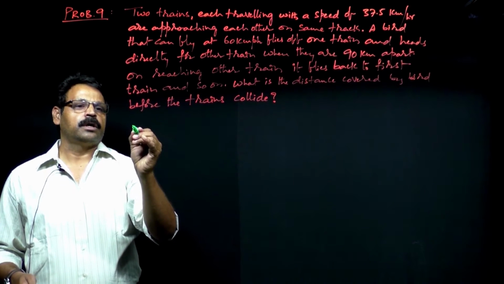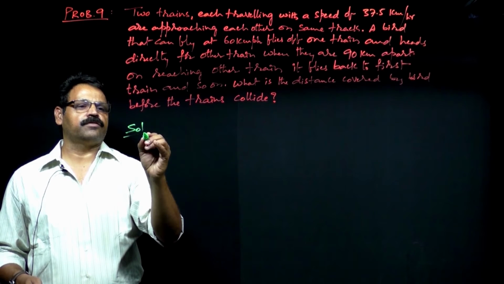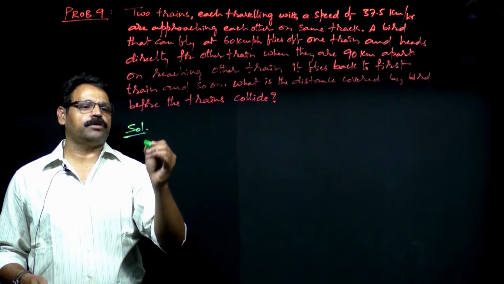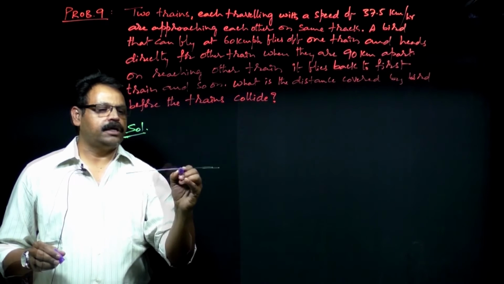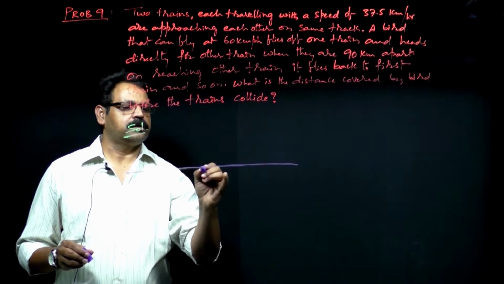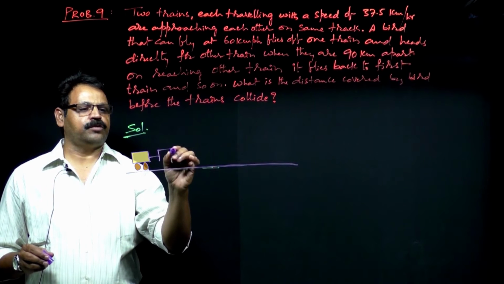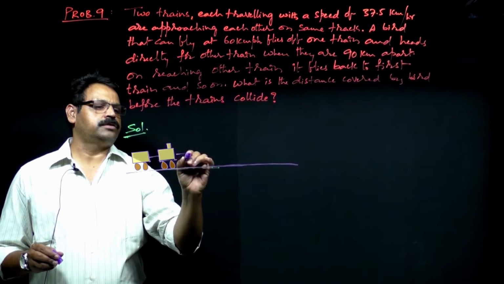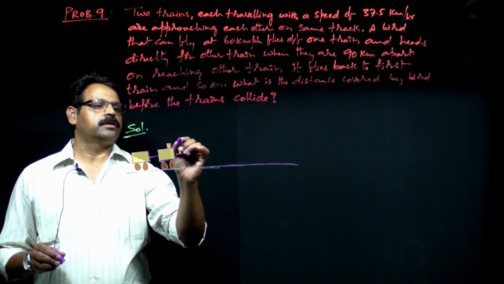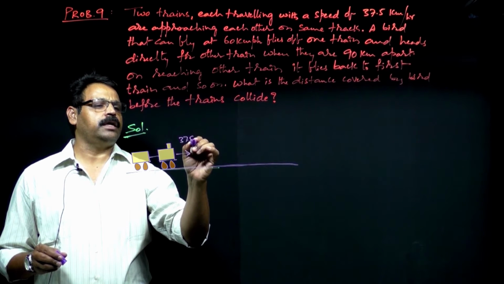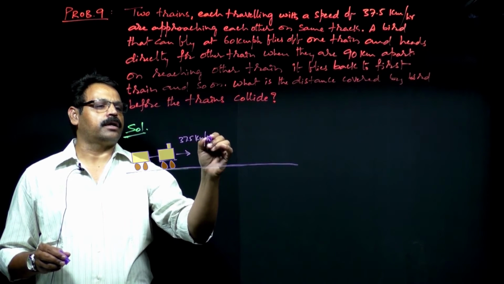So here you first look at the data given, in pictorial form. Here is the track and a train is moving in this direction with 37.5 kilometers per hour.